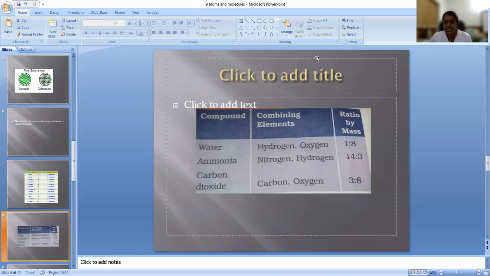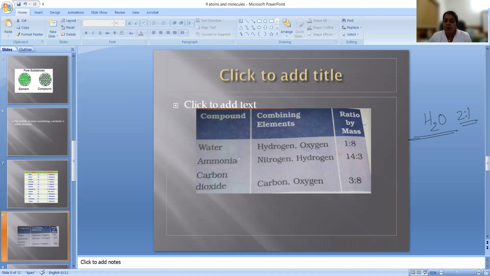This is given in your textbook. Don't panic. It is very easy. Water consists of hydrogen and oxygen, H2O. If you consider the atomic ratio, they are in 2:1 ratio, 2 hydrogen and 1 oxygen.